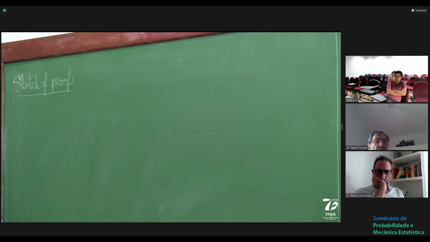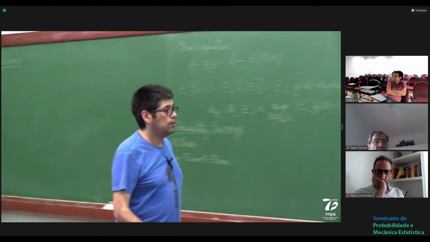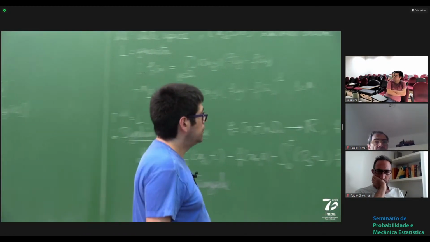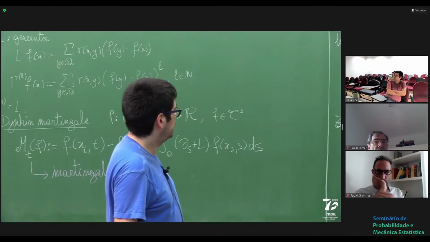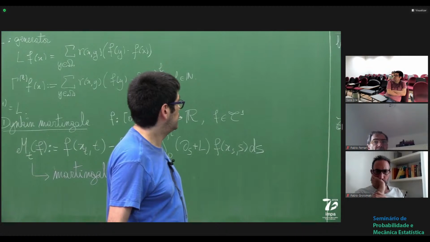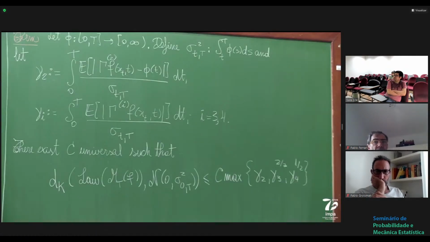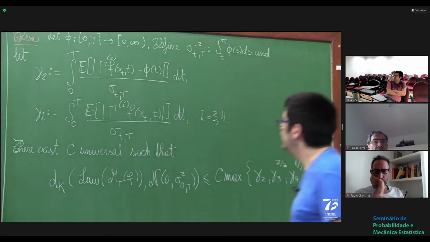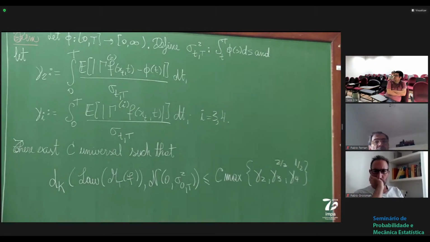Yes? In gamma 3, there is no sign. Gamma 3 minus and plus can compensate. If in the definition of gamma 3 you put an absolute value, can you get rid of the gamma 4 in your expression?